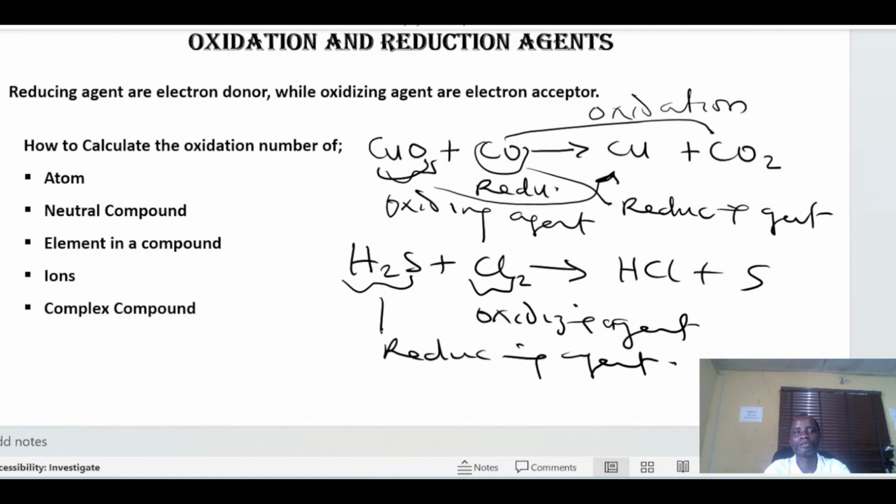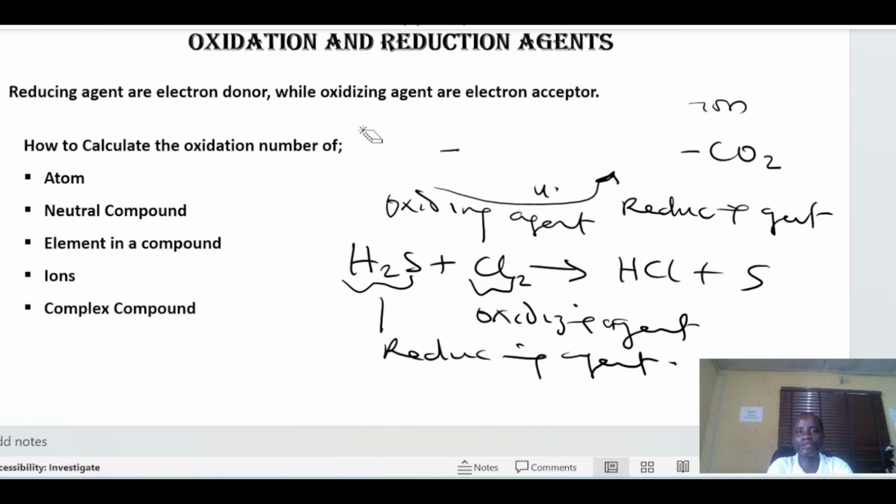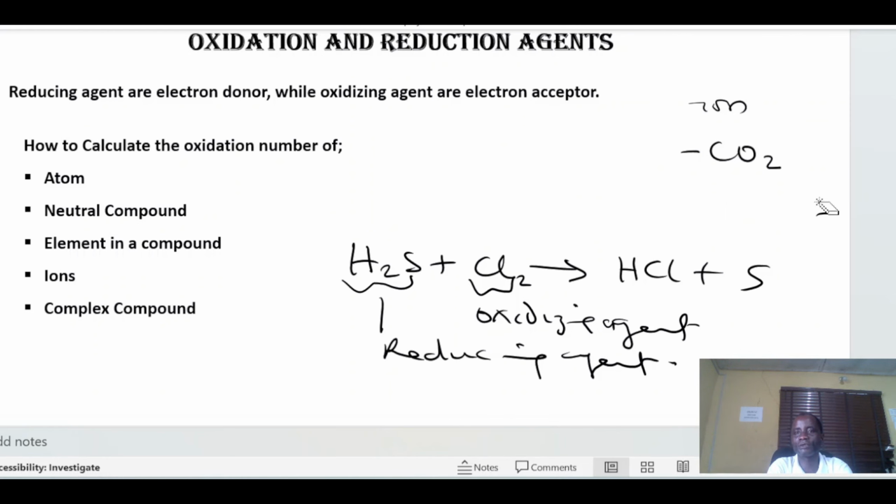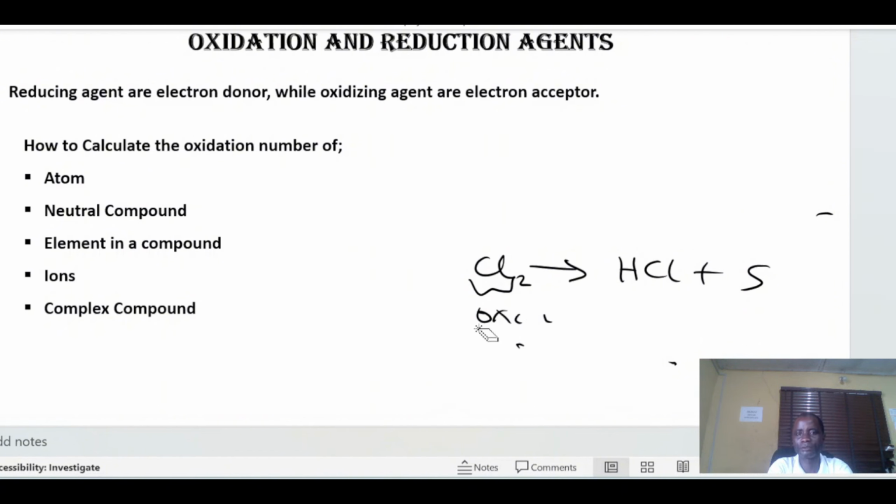Now the next concept we are going to look at: how do you calculate the oxidation number of an atom, or elements in a compound, or ion, or complex? These are our next concepts. Now, in general, the oxidation number of a neutral atom is equal to zero. For example, when you have sodium atom, chlorine atom, and so on.